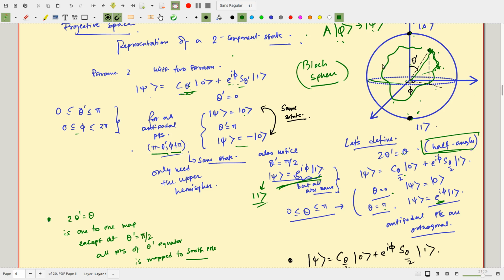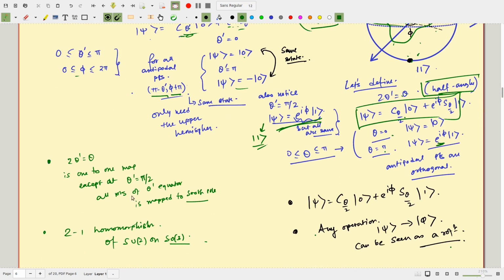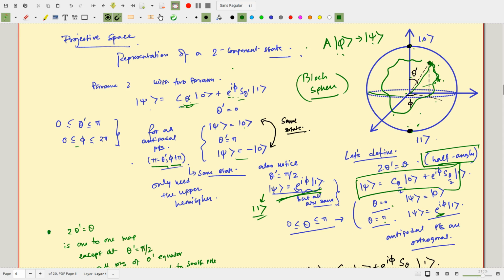So, this map, okay, this map is 1-to-1, of course, sorry, I made a wrong statement. This map, which is basically the correspondence between a point on this sphere and the actual state, is 1-to-1 for this half angle, but the map theta prime to theta is not 1-to-1, because all the points on this equator just go to this point, and that is not one to one.